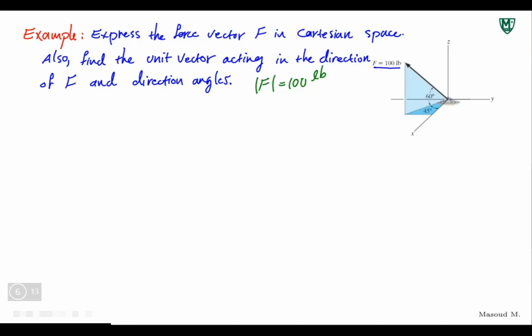Does anyone have anything in mind? What can I do now? I talked about vectors, unit vectors and everything, and now I'm given some information. I have to use whatever we talked about to figure this out.